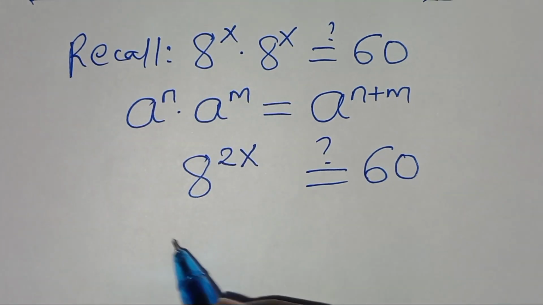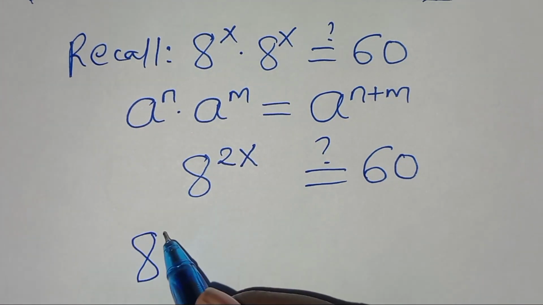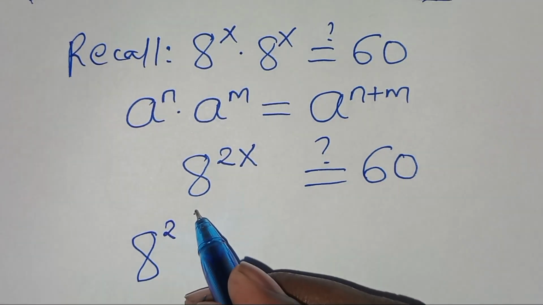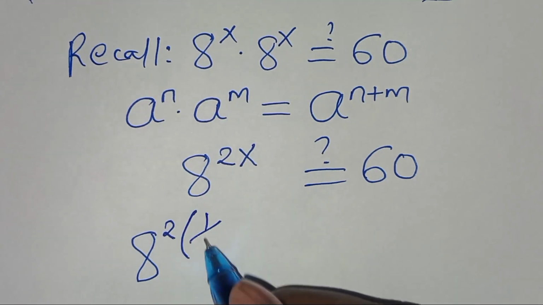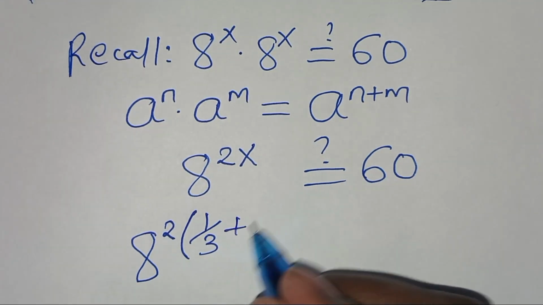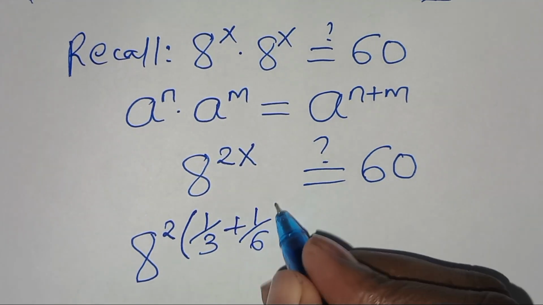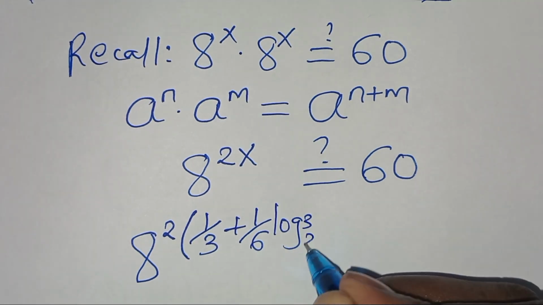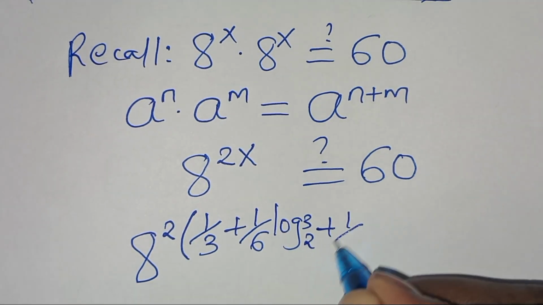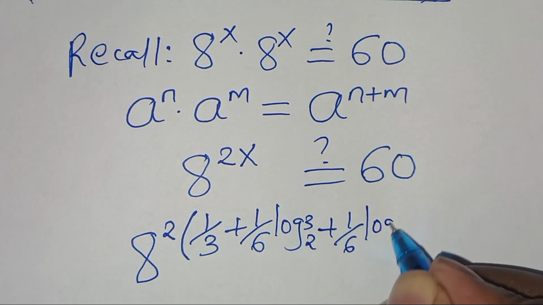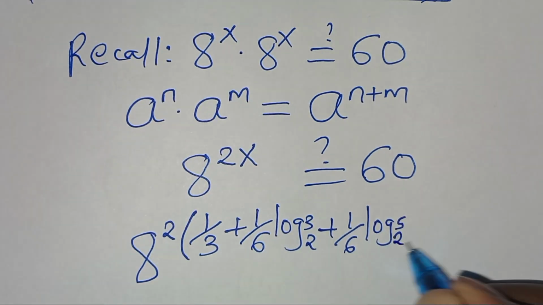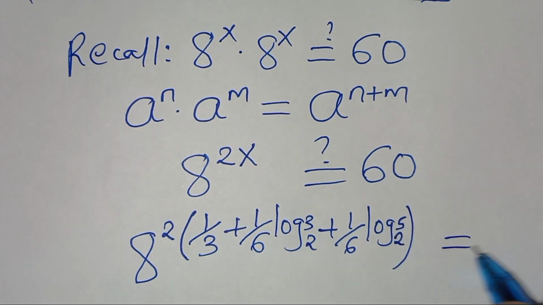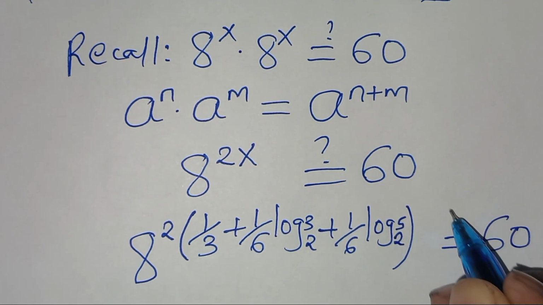The next step from here, let's substitute the value of x, so that we have 8 to the power 2 multiplied by x, which is 1 over 3, plus 1 over 6 log 3 to base 2, plus 1 over 6 log 5 to base 2. This should give us a value of 60.